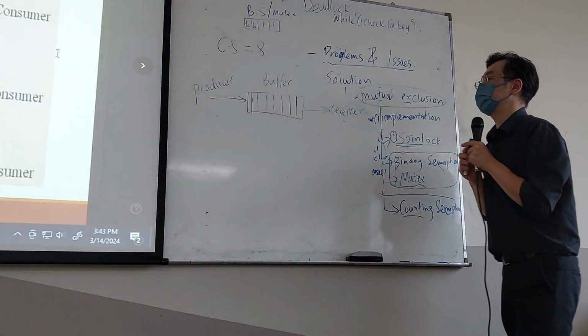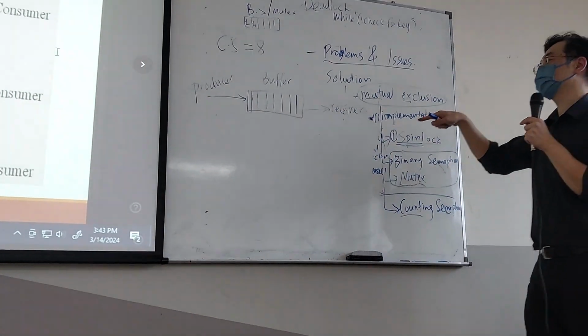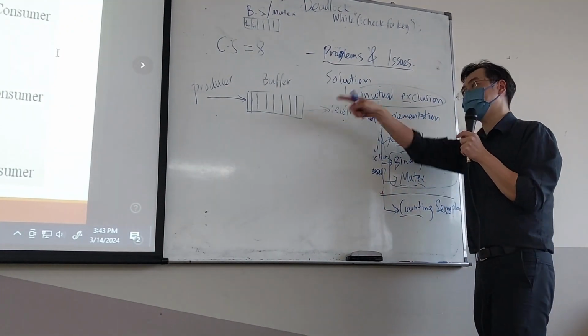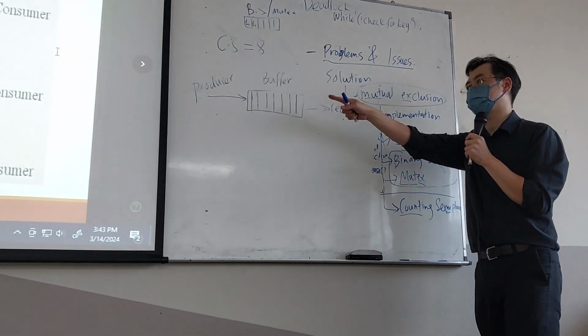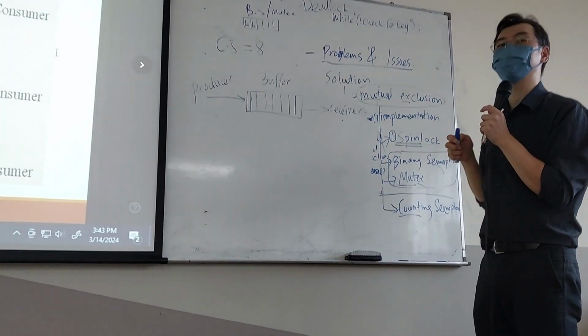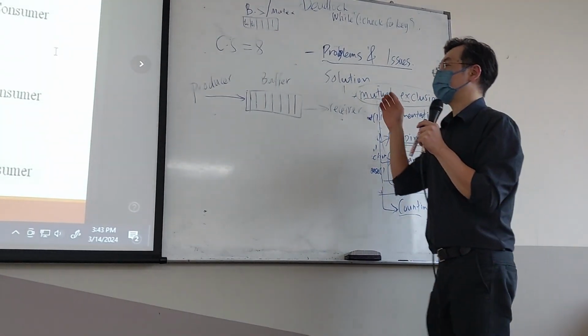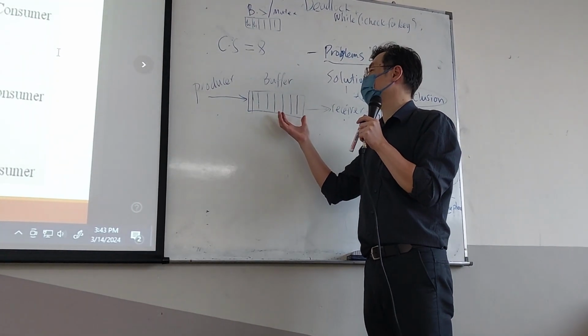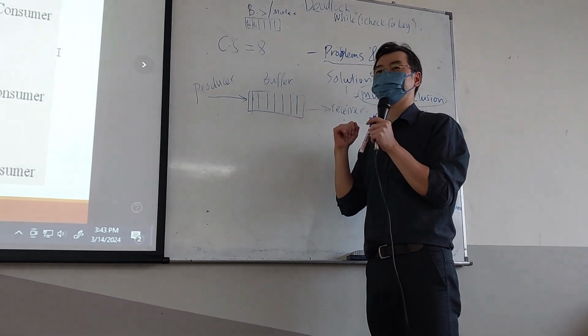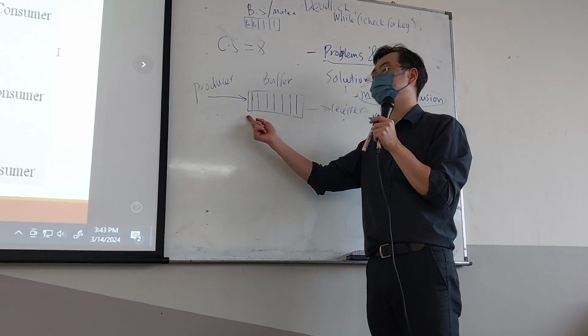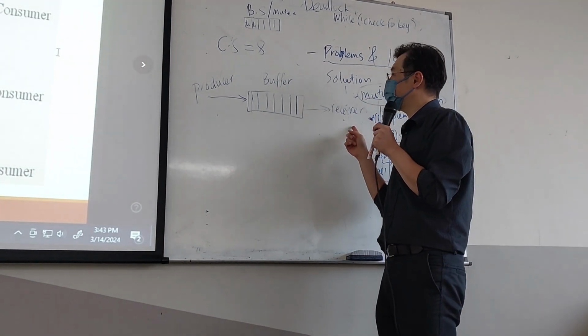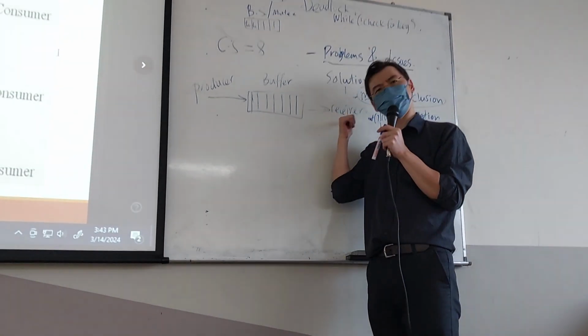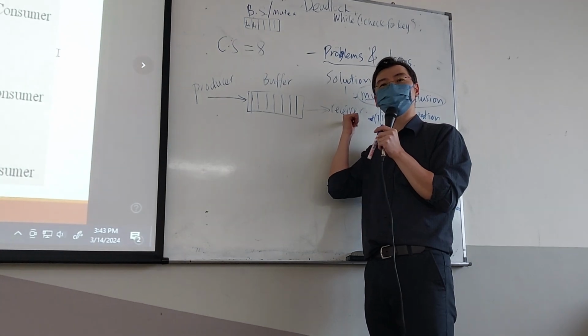Now, there's another problem also on the receiver side, a similar problem. Just now I talked about the producer, right? The receiver also has a problem. What if the buffer is, let's say, full? If the buffer is full, and the receiver retrieves the data, should you block the receiver?